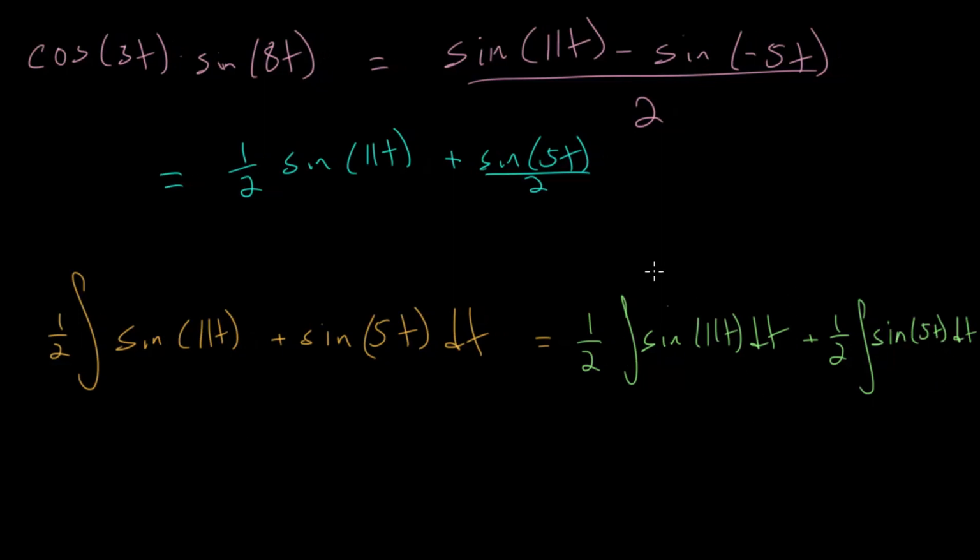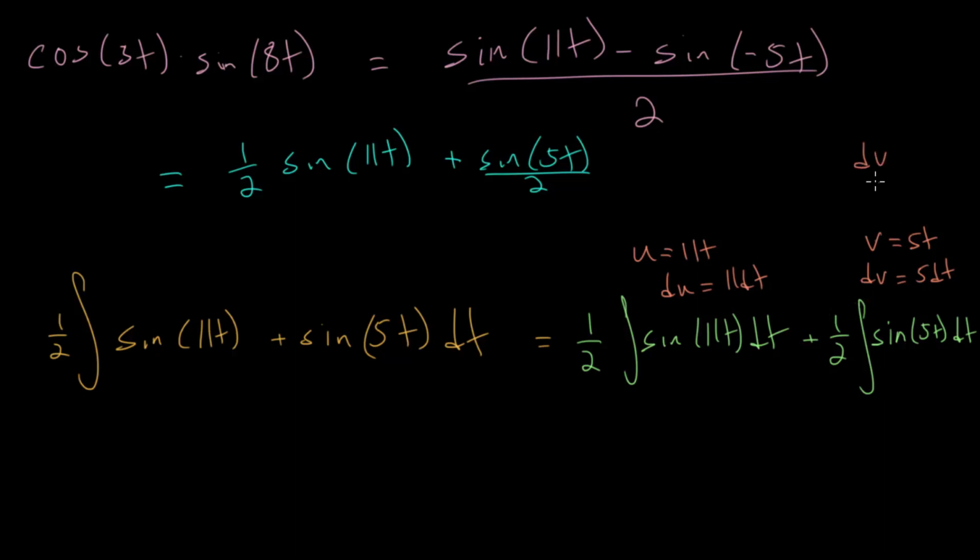For the left integral, we'll set u equal to 11t, so that du is 11 dt. For the other integral, we can call it v, equal to 5t, so that dv is 5 dt. We're substituting for dt in both of these, so we'll have to put the coefficient on the other side.